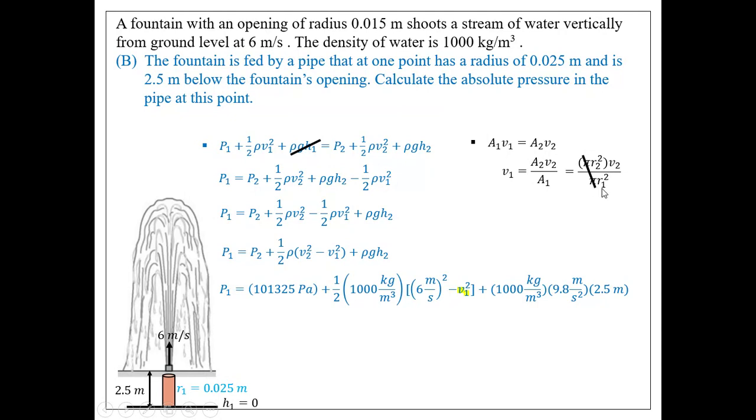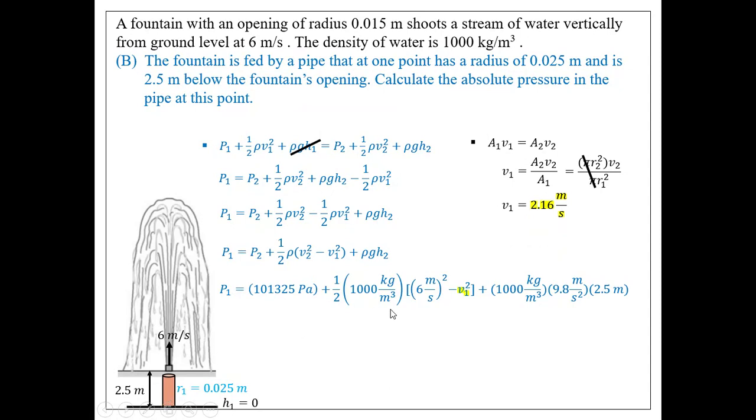R1 in the diagram here is the radius of the pipe beneath the ground, which is 0.025 meters. So if you do that properly in your calculator, you should get a value of 2.16 meters per second. So that is how fast the water is flowing inside this wider pipe.